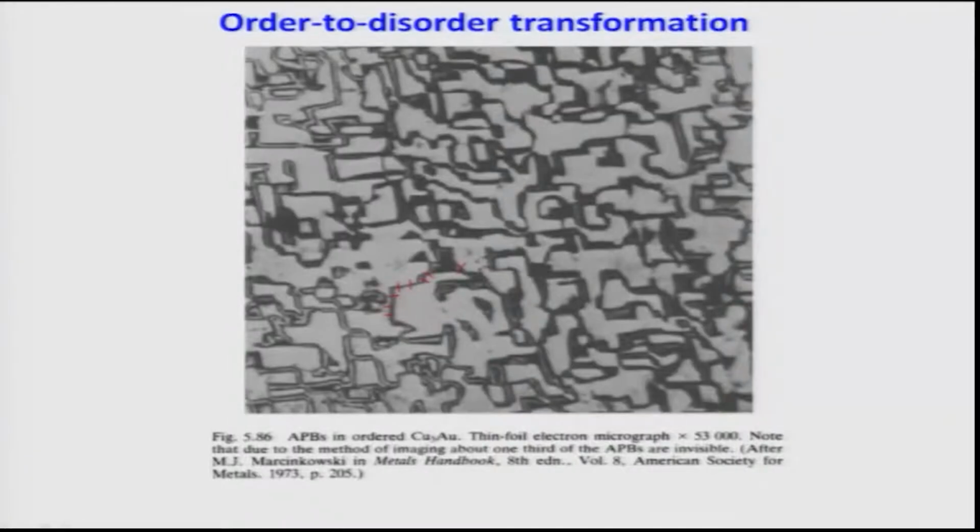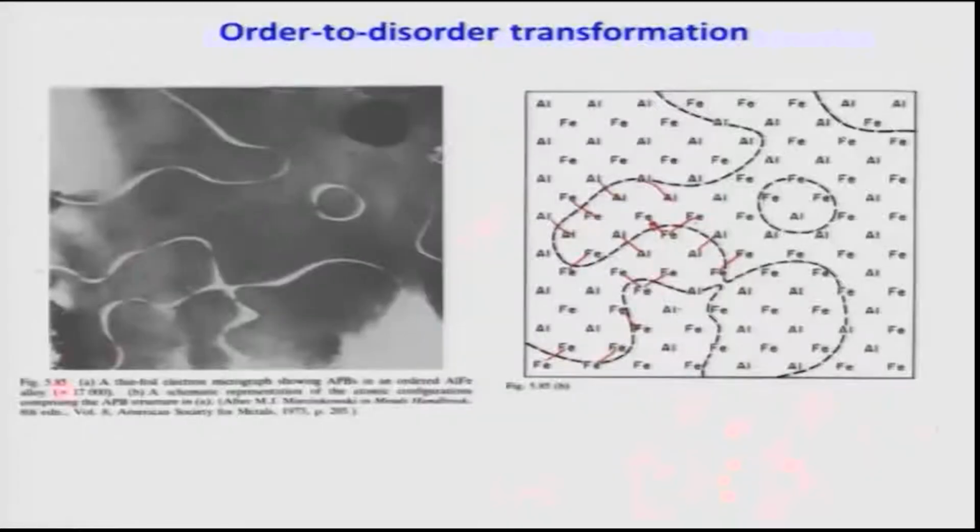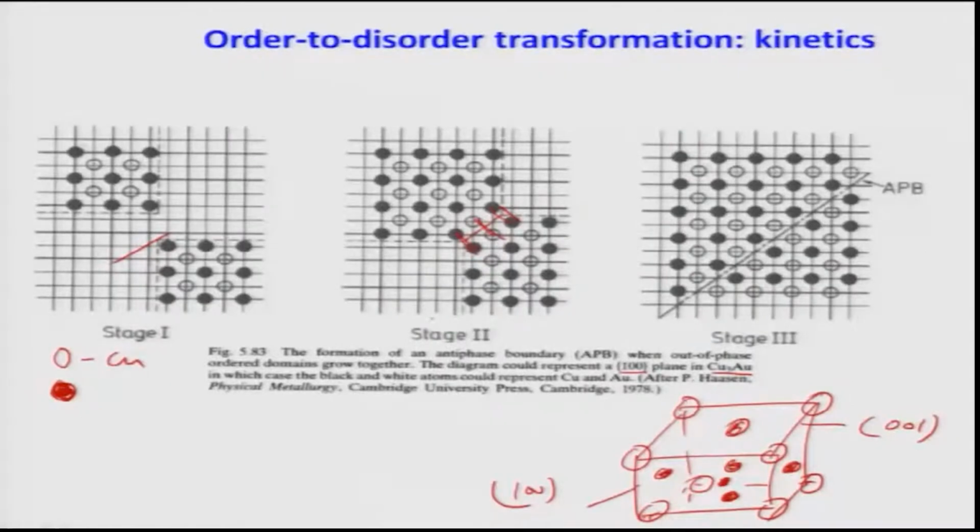Now, one can look in a much better way at how ordering kinetics happens. That means how ordering takes place, in the sense of atomically how these domains come together and become bigger. That is a little difficult to conceive or understand at the stage you are in, because the atomic arrangement I have shown you here is a much simpler one.